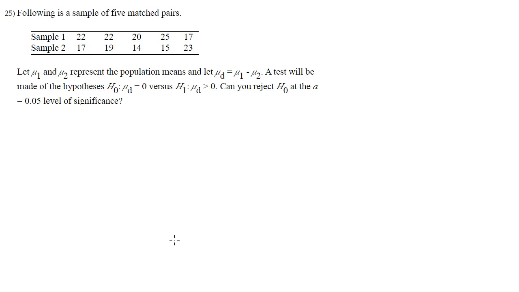Okay, 25. Again, we've got 5 matched pairs. So we know these samples are dependent on one another. So we want to do the hypothesis test using the same kind of method we used before.